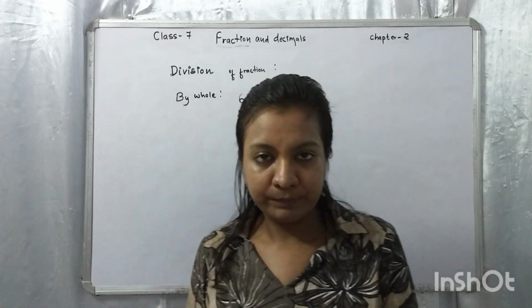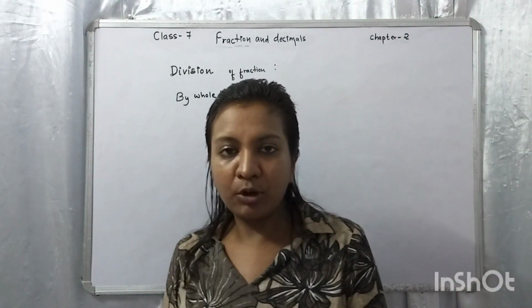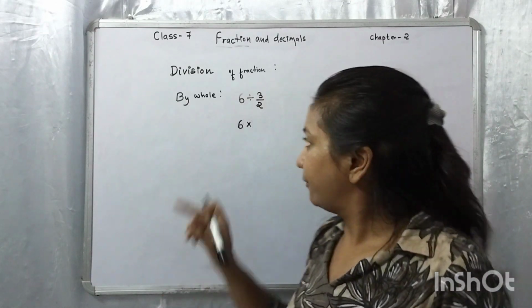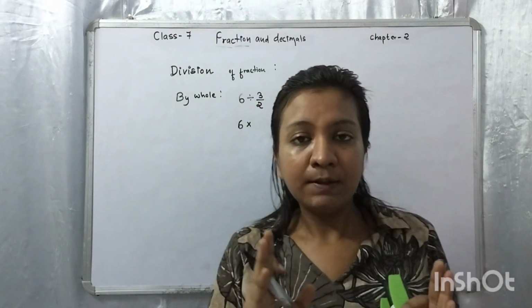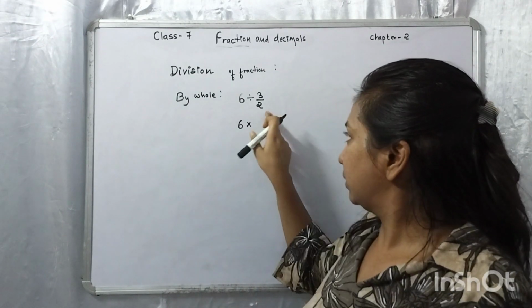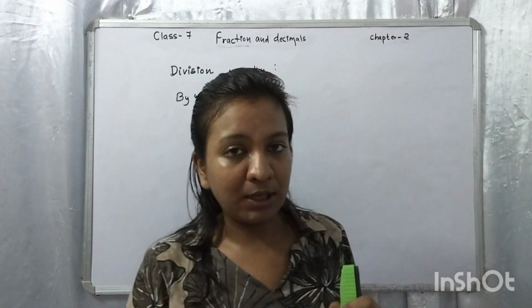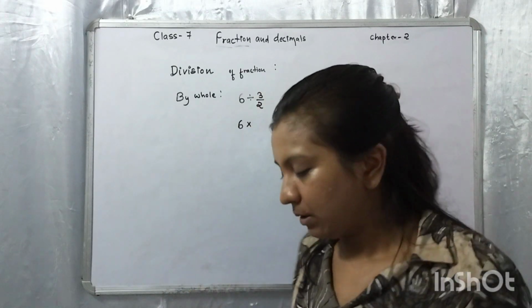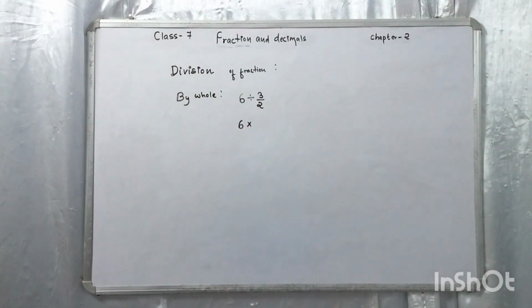Fine. Reciprocate the fraction and you will multiply. The first number will stay the same, but the other number will get reciprocated, and both numbers will get multiplied. So if you find it difficult, I will solve 2-3 more sums.